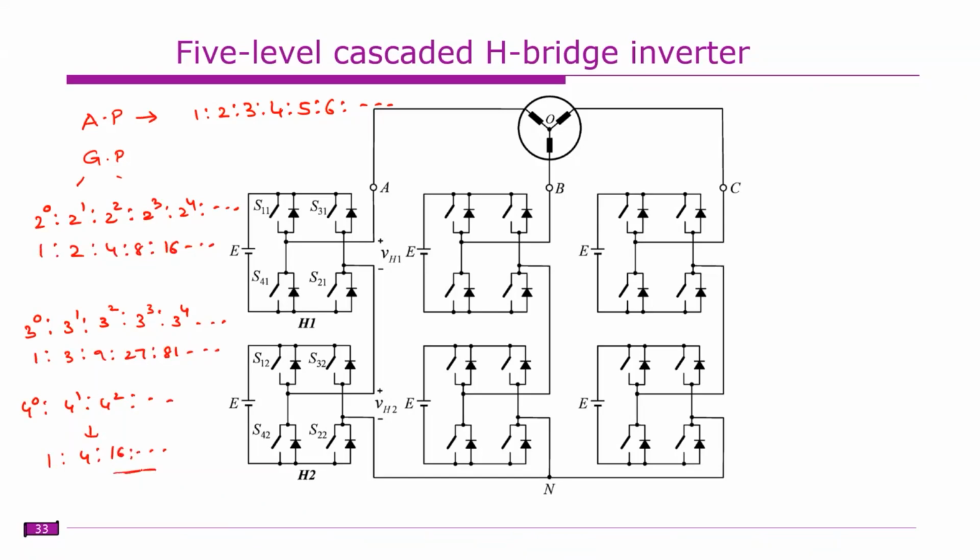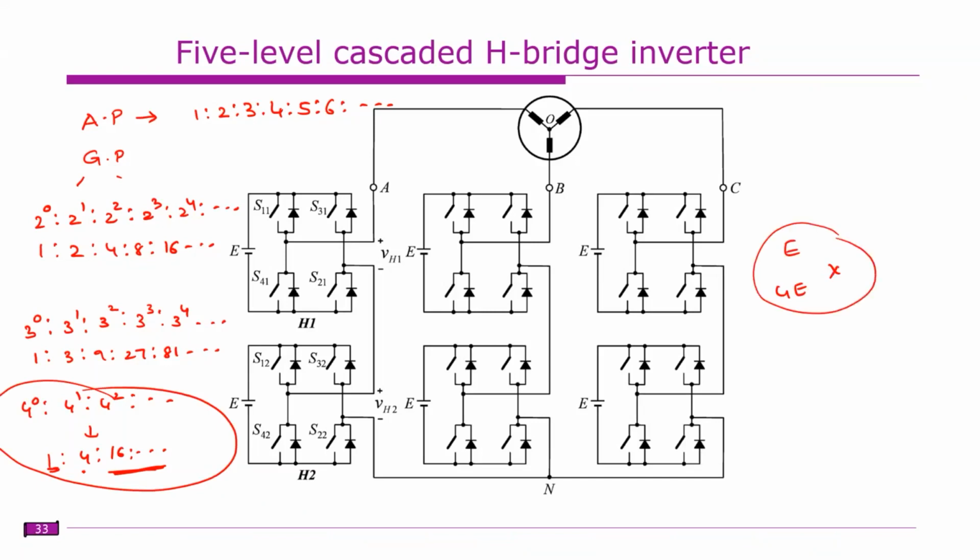Is this possible? 1:4 ratios, just now we discussed it, right? So this is not possible. Just now we saw this, right? One is E and another one is 4E, so it will not produce 2E or minus 2E, right?